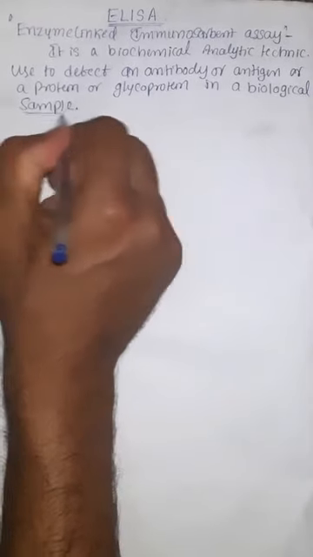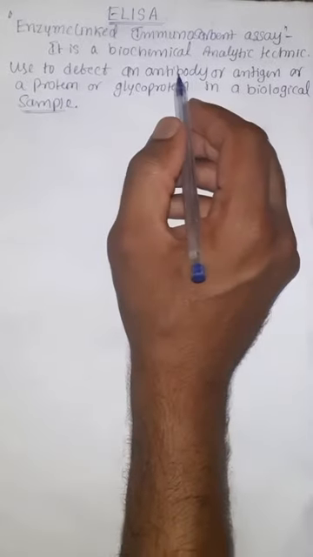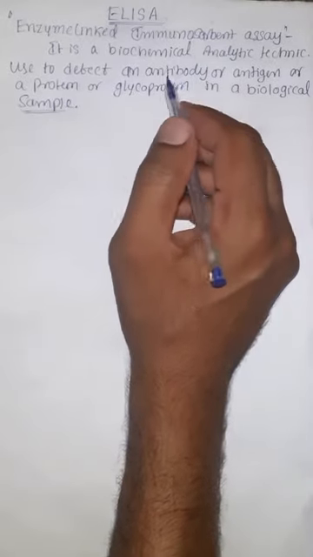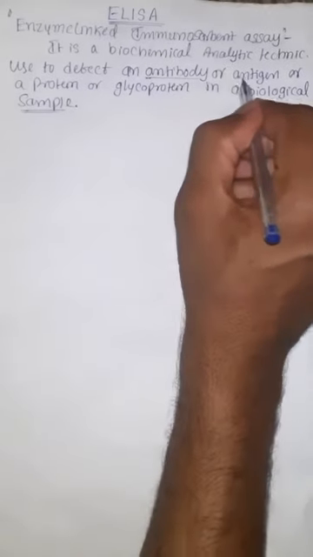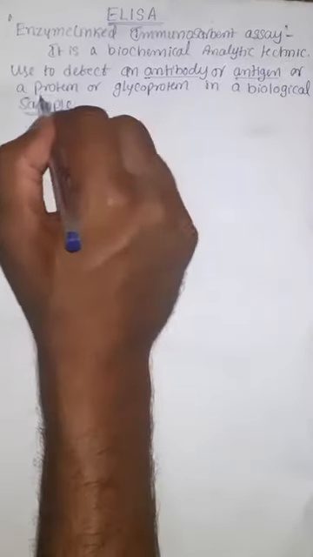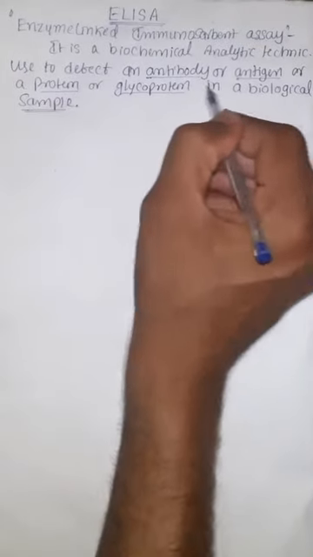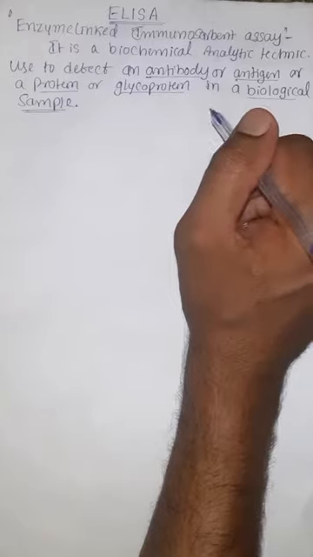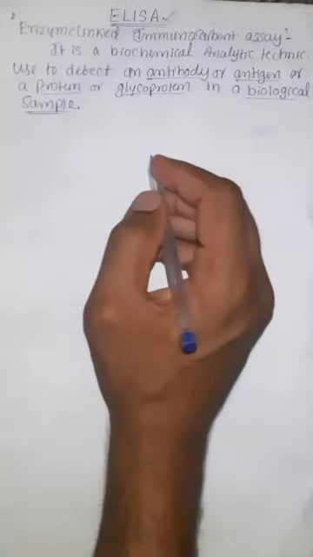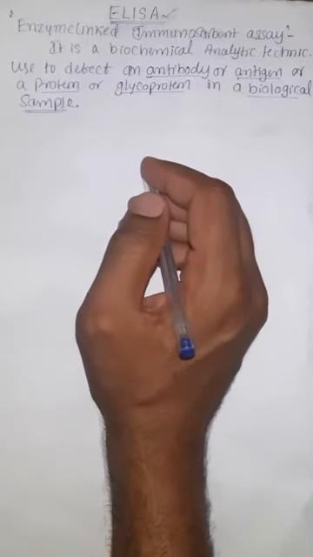By using the ELISA test, we can detect, and even quantify, the amount of antibody or antigen or protein or glycoprotein in a biological sample. That is the purpose or use of the ELISA technique or test.